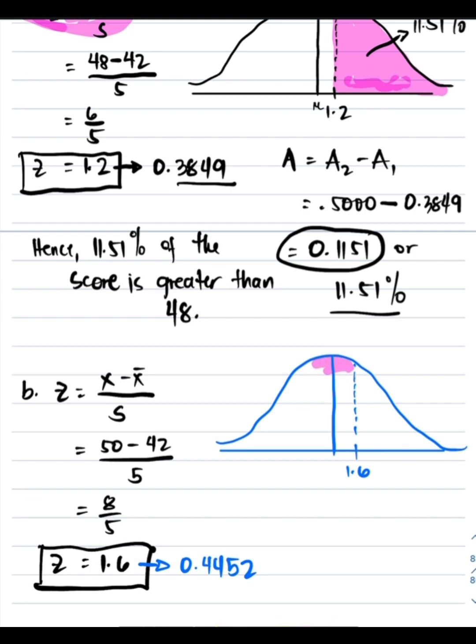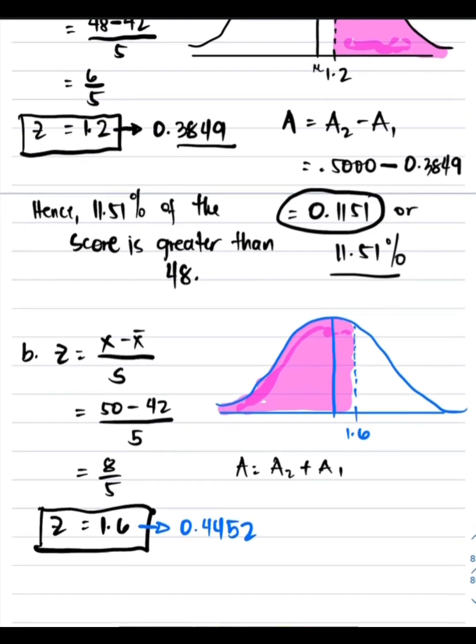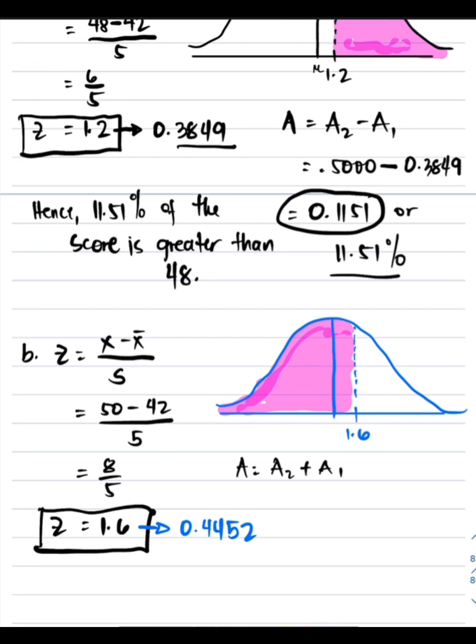So, this area is less than 1.6. So, let A be the area, equals area 1 plus area 2.